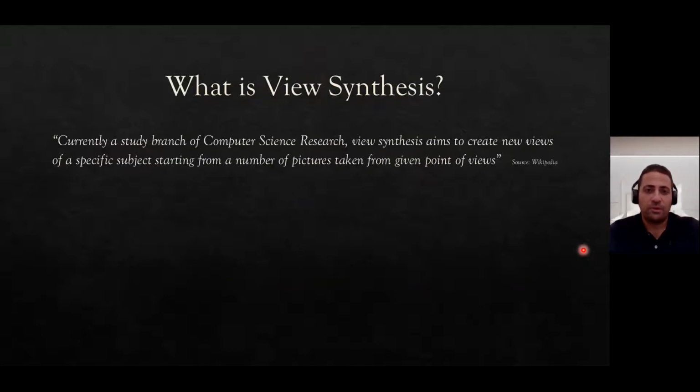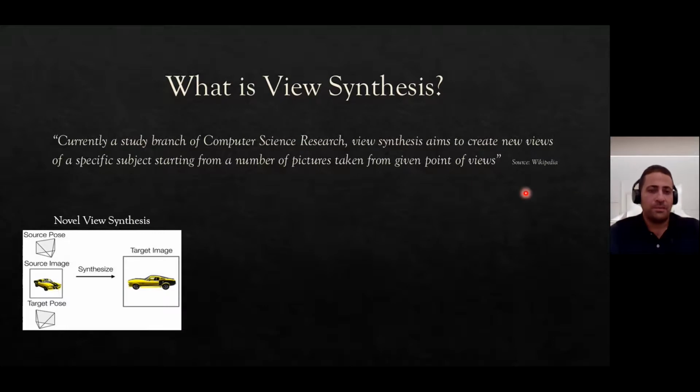So view synthesis, as per Wikipedia, currently it's a study branch of computer science research. View synthesis aims to create new views of a specific subject, starting from a number of pictures taken from a given point of view.